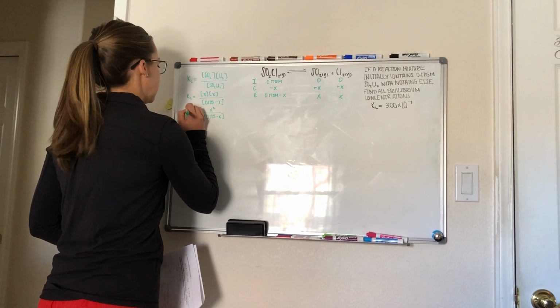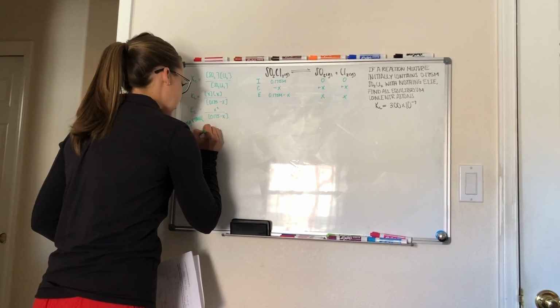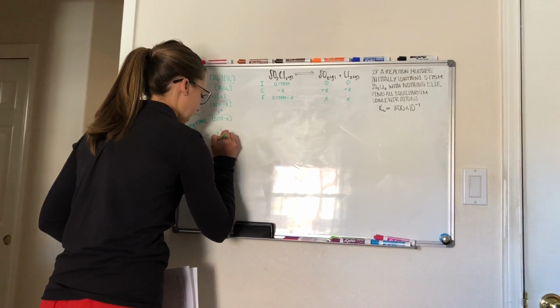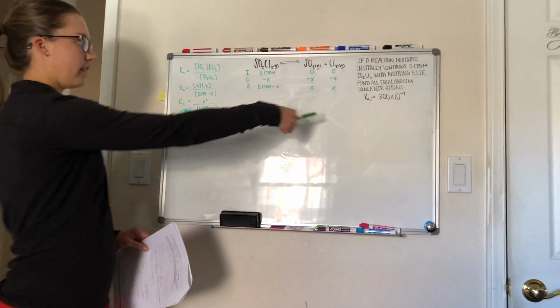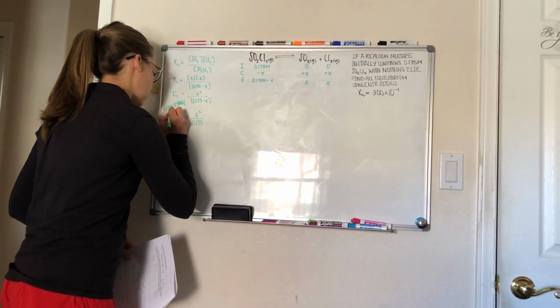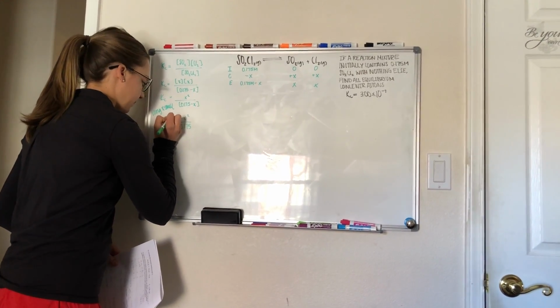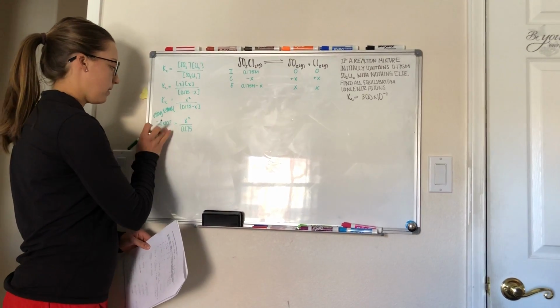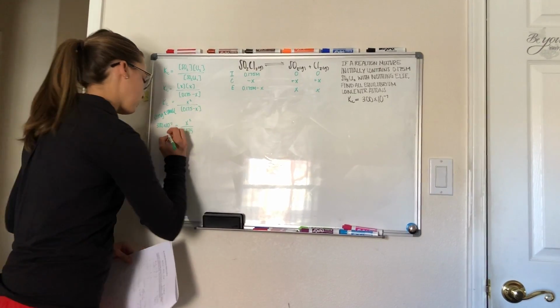We would say that this expression is then equal to x squared over 0.175, okay? And we're given a K sub c, so I'm just going to go ahead and plug that in right here, 3.00 times 10 to the negative 7. And then it's very easy to solve for x. All you have to do is multiply each side by 0.175 and then take the square root.